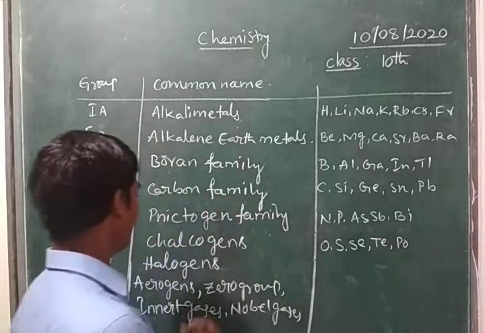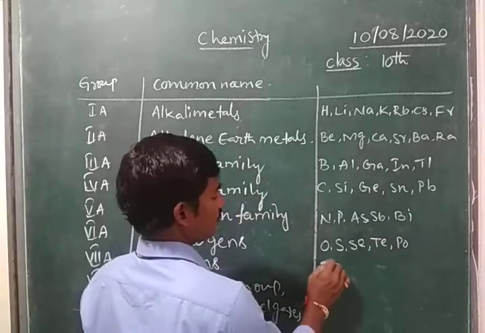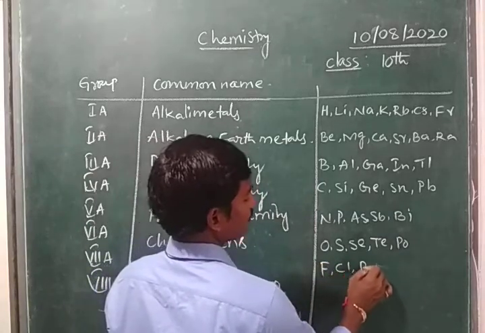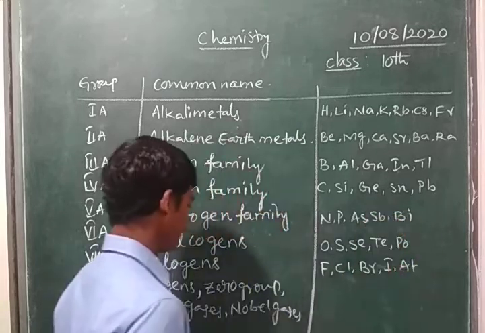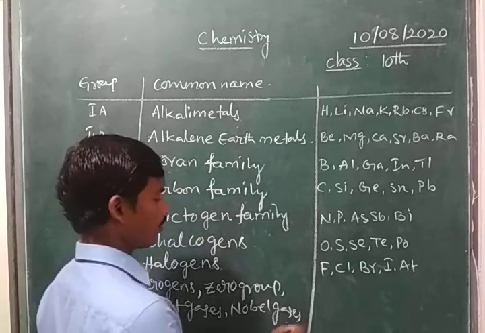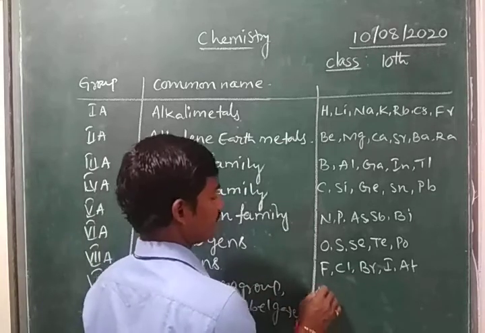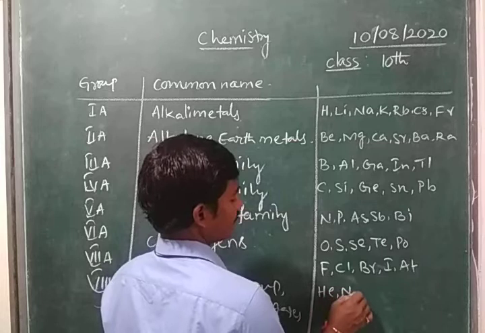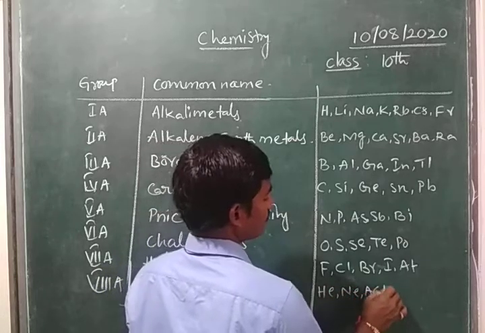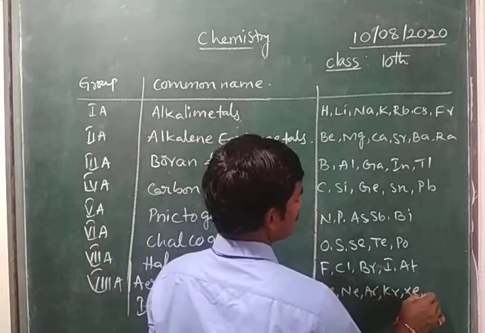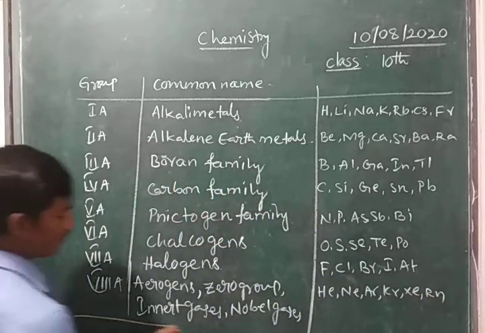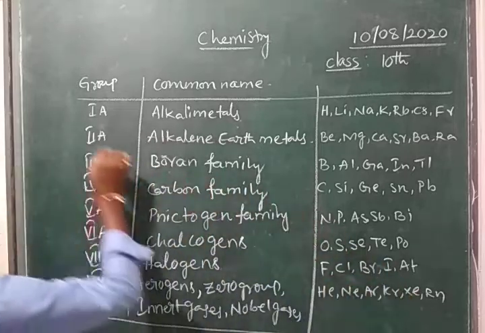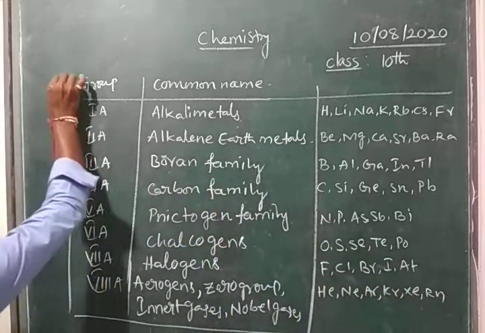Halogens: fluorine, chlorine, bromine, iodine and astatine. And the aerogens, the noble gases: helium, neon, argon, krypton, xenon and radon. This is one of the table forms. Please all of you write it in your CW.